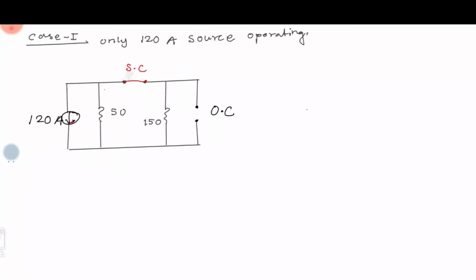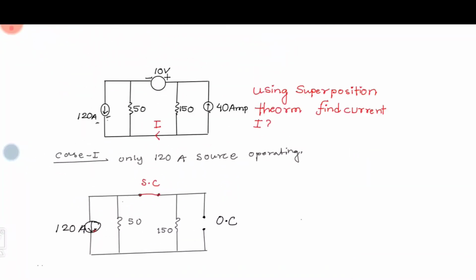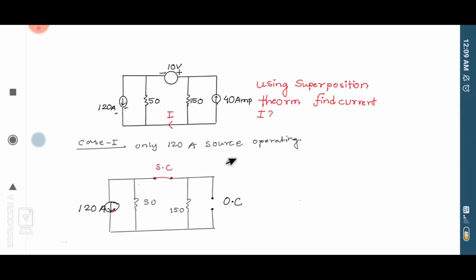This is a voltage source, as you can see, and it is converted into short circuit. And this is a current source, and this current source is converted into open circuit as there is no internal resistance.